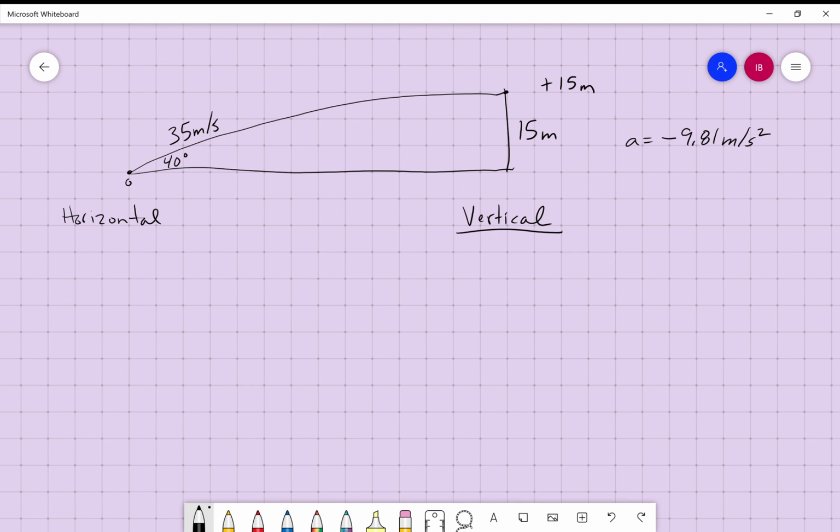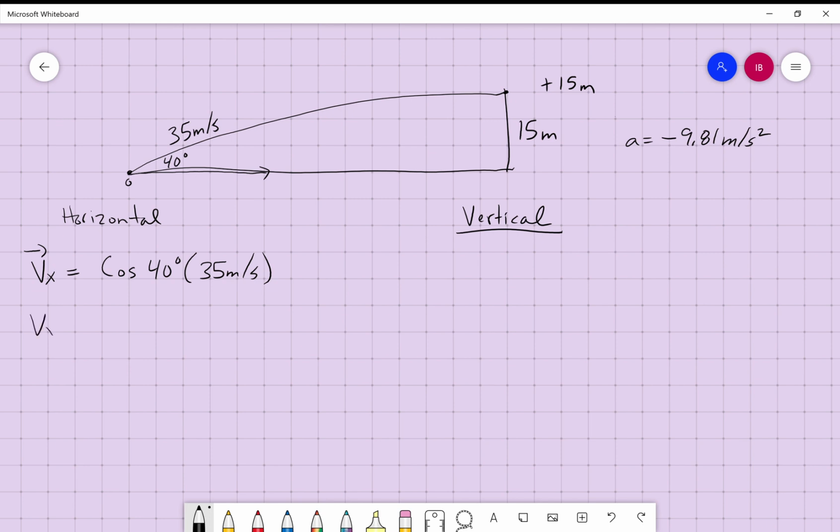So to calculate our horizontal, what we're going to use is our v of x. We call it our v of x for our horizontal distance. We are going to use our lovely cos calculation, and we are going to do the cos of 40 degrees times our velocity, 35 meters per second, because that will give us our horizontal velocity from the start in that direction.